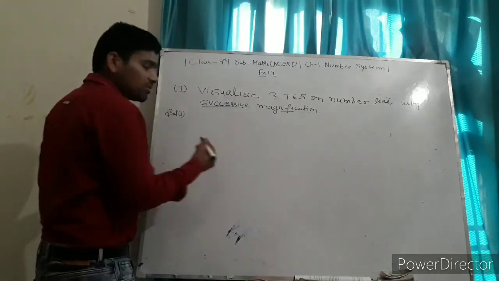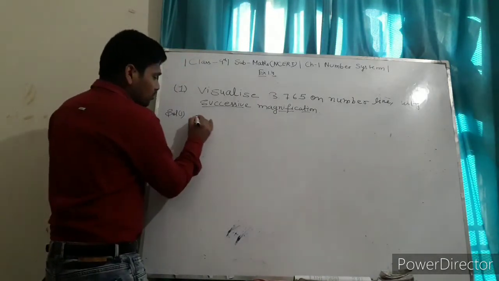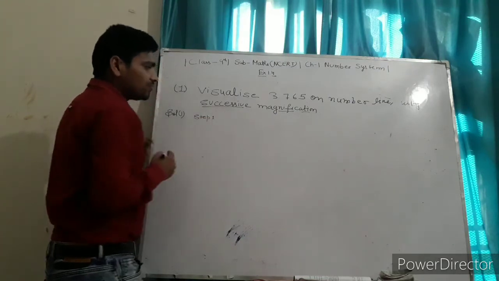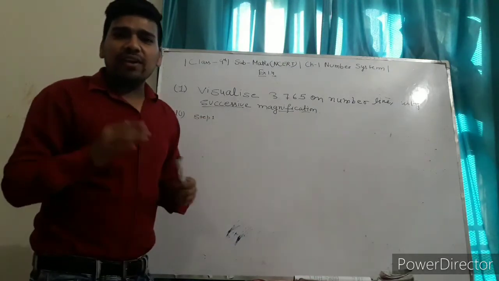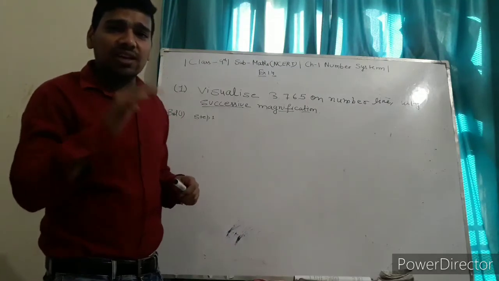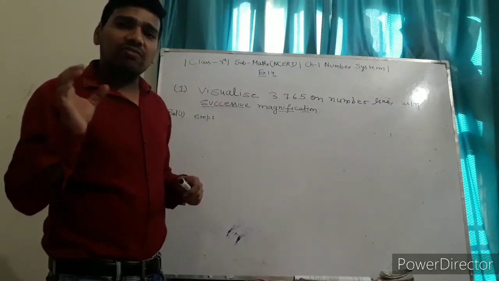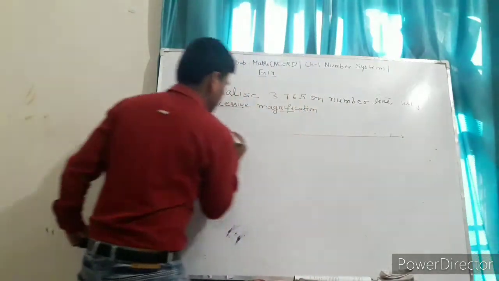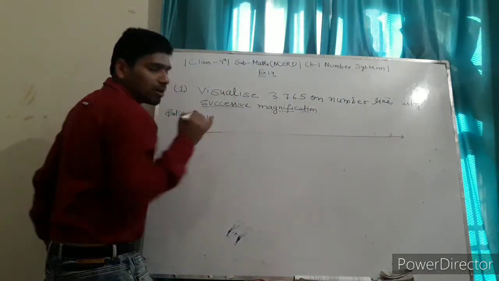In step 1, I will represent the numbers 3 and 4 on a number line. You know how to represent natural numbers on a number line.